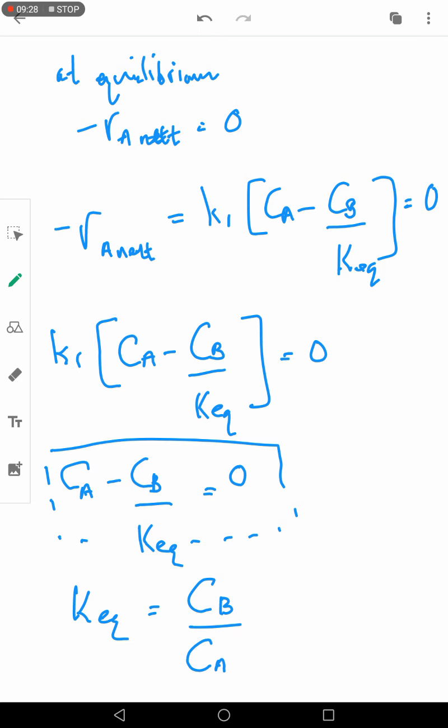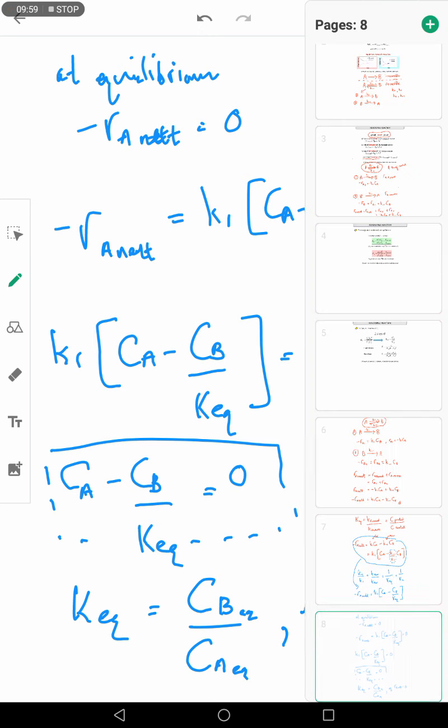So in this case, kita akan letak notation of equilibrium here, EQ. Okay, this happens only at equilibrium where RA net equals to 0.